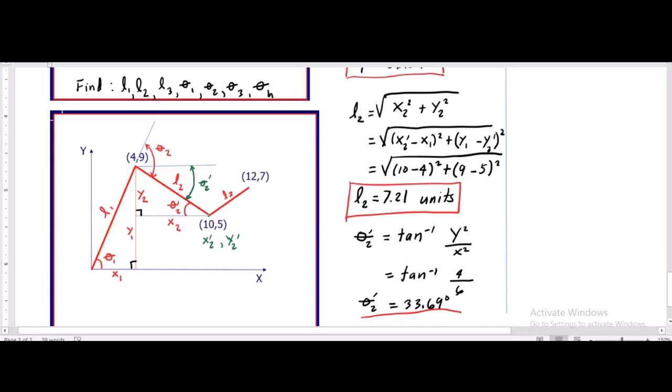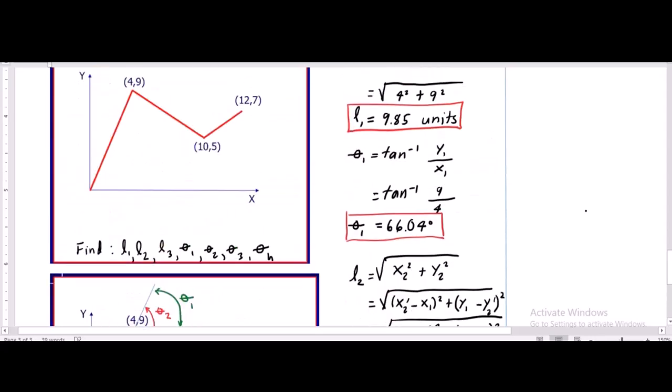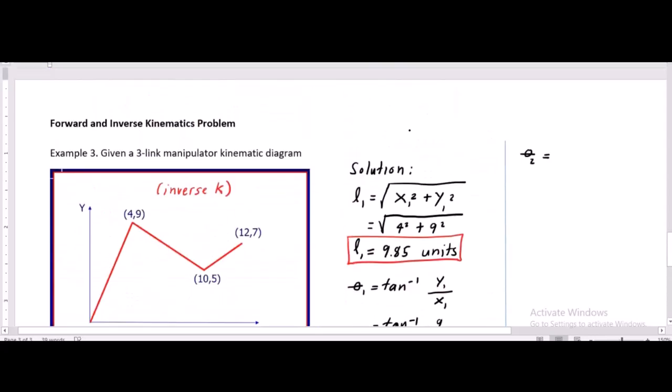So if this is theta 2 prime and this is our theta 1, obviously we can determine the theta 2 by adding theta 1 and theta 2 prime.